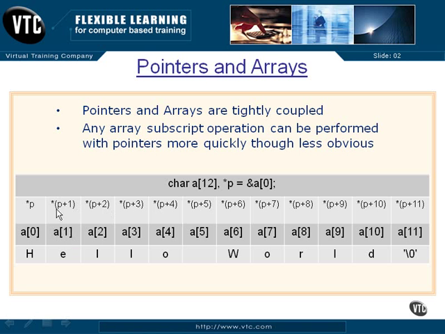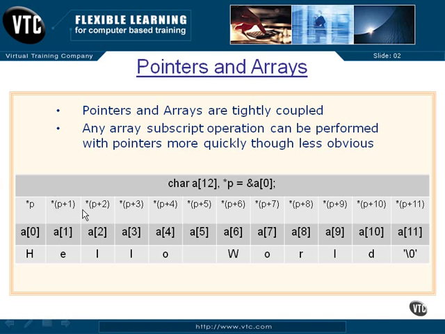We have to use the parentheses because of the relationship of the asterisk and the addition, so that we get the right form here, that we get what we wanted. We don't take the value out of here and add 1 to it. We want to add 1 to the pointer and then dereference it, get the contents of the pointer incremented by 1.